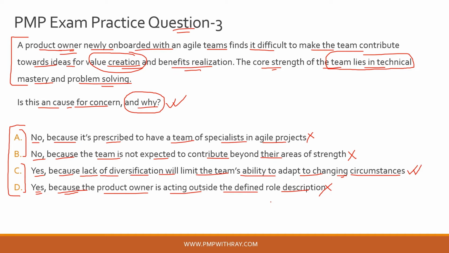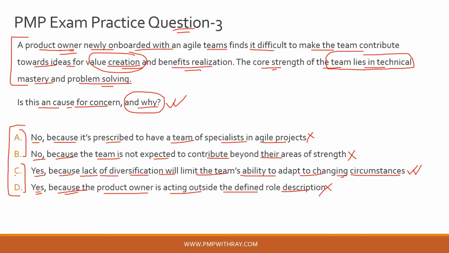It is completely expected for the product owner not to take decisions by himself or herself, but to engage the project team whenever there is some new idea or some new improvement opportunity which will create value for the end product, or which will increase the benefits of the product to the end users or the customers once the product is complete, right? So the product owner is definitely not acting outside their defined role description. So that is why option D is also incorrect.